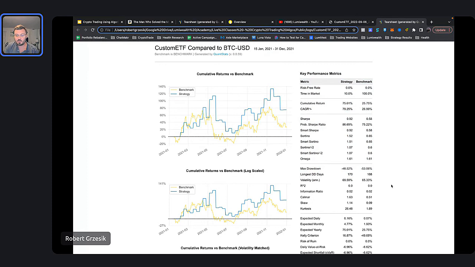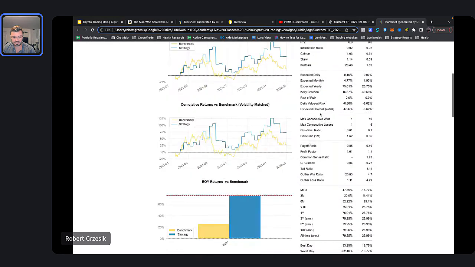And we're pretty much in line with the volatility for Bitcoin. So we're a little better in terms of max drawdown. We're about equal in terms of volatility, maybe a little bit more risky, but our returns are almost triple that of Bitcoin. So quite a nice improvement there from this strategy.